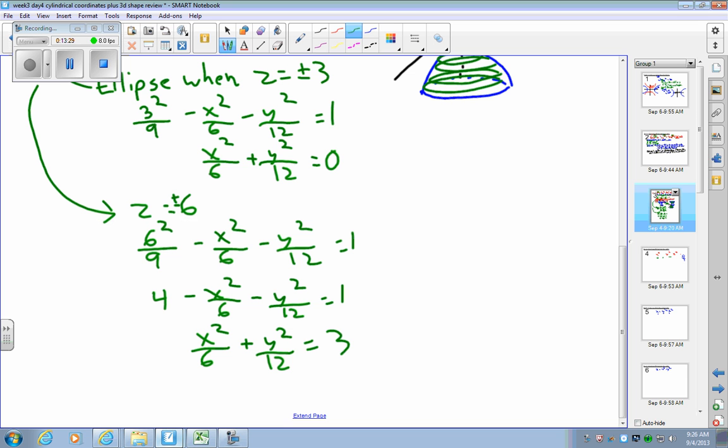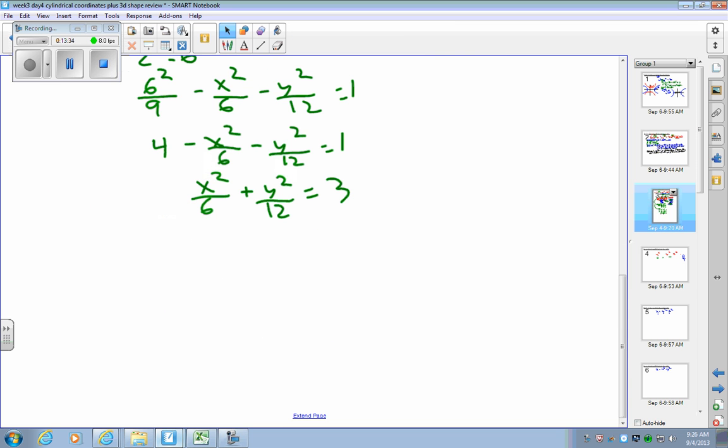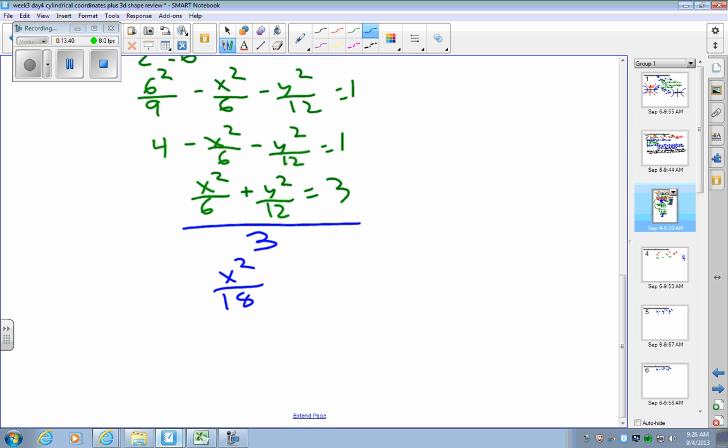Okay, so that is an ellipse where if you want to be a little bit more specific, you would divide out the 3's. And you have x squared over 18 plus y squared over 36 equals 1. Okay, so that means my y radius equals 6, and my x radius is square root of 18, which is kind of close to 4.